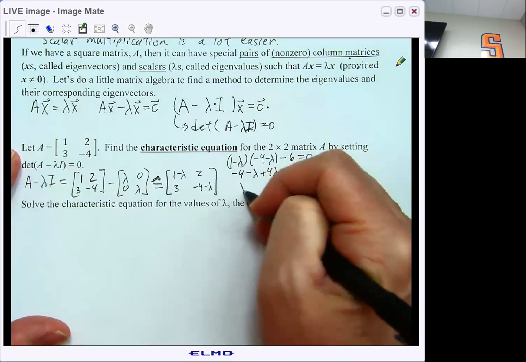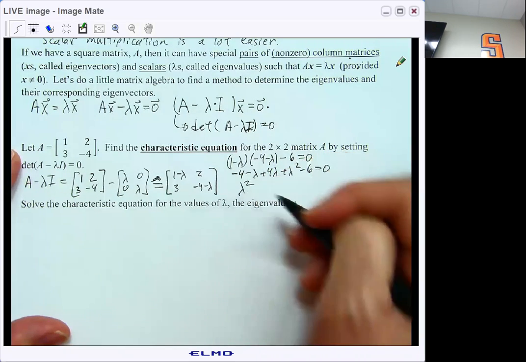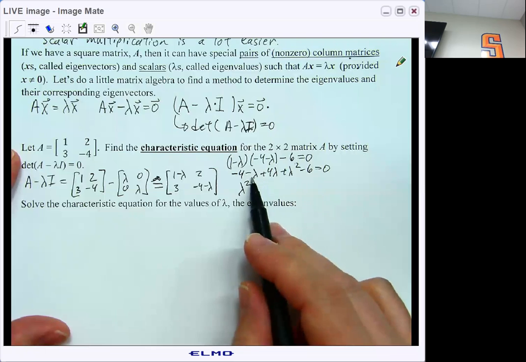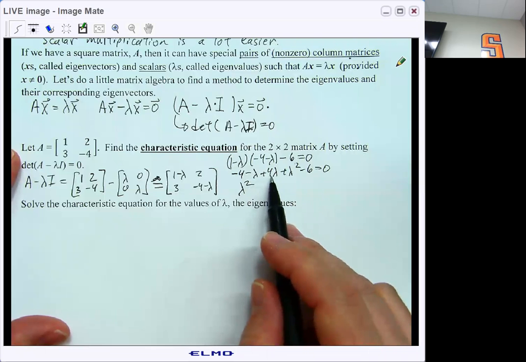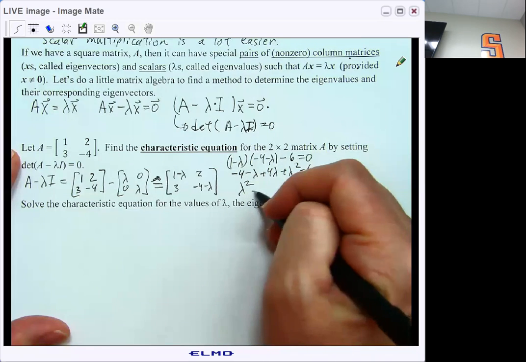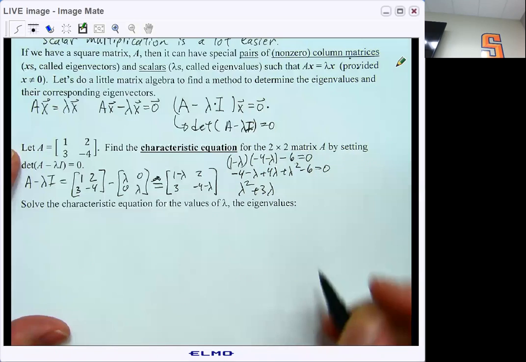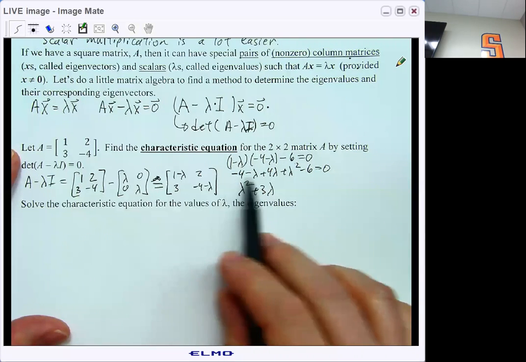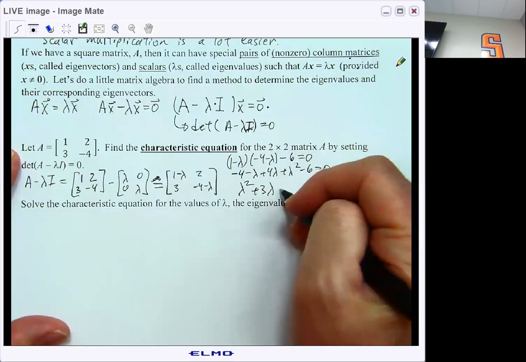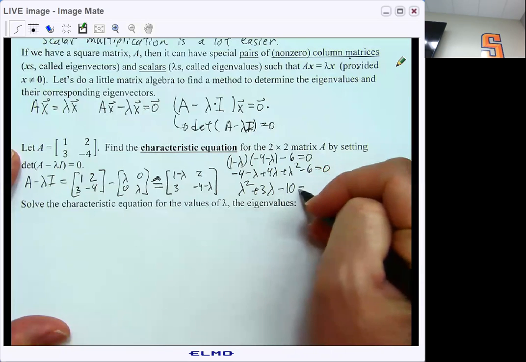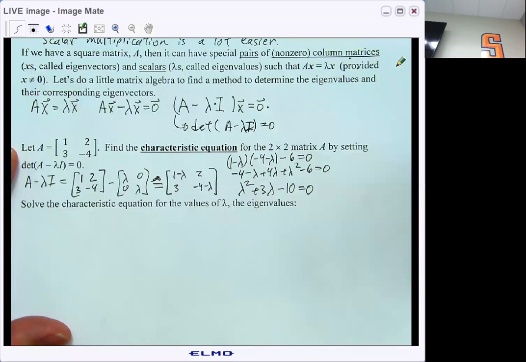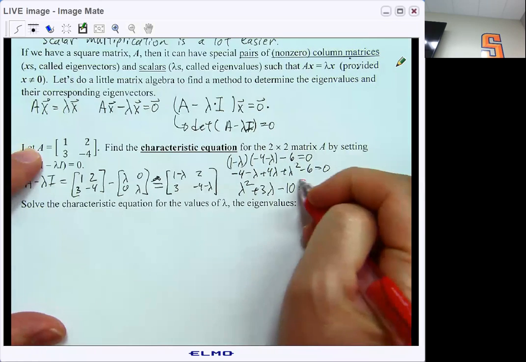So lambda squared, a minus lambda and a plus 4 lambda gives plus 3 lambda, and a minus 4 and a minus 6 makes minus 10, equals 0. This is our characteristic equation.